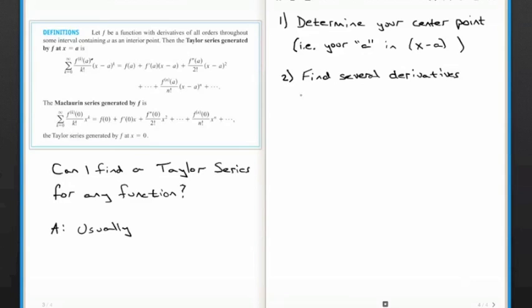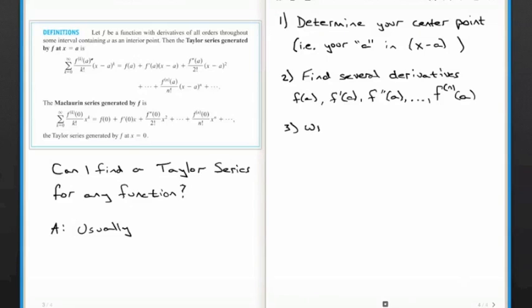So we'll find f of a, f prime of a, f double prime of a, and then hopefully we can find some pattern, and then we can find a nice clean formula for the nth derivative at a. So really this is going to become a series, or a sequence. This will become a sequence, and we want to find an explicit formula for the nth term of the sequence.